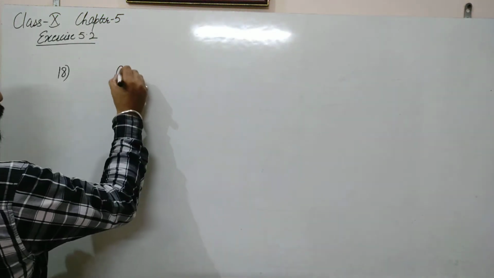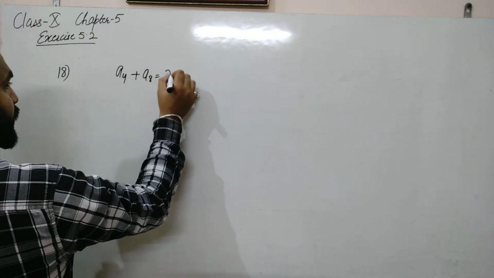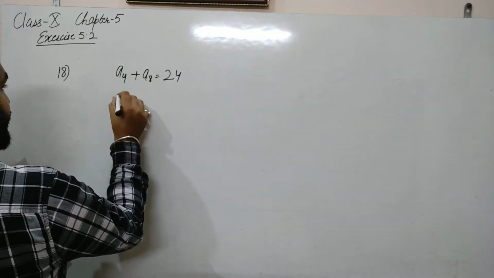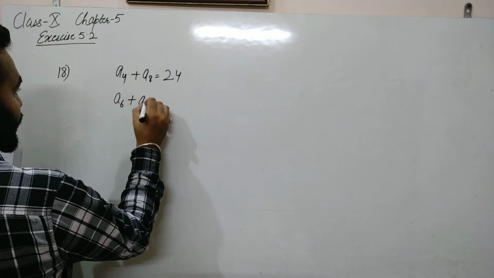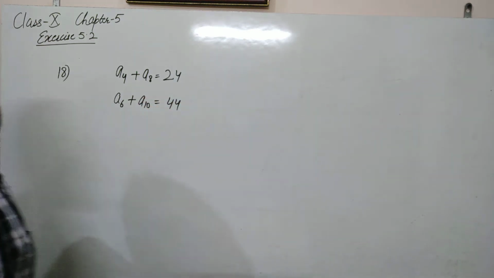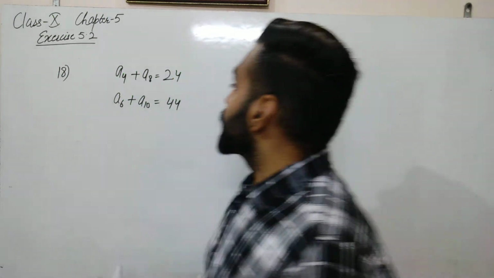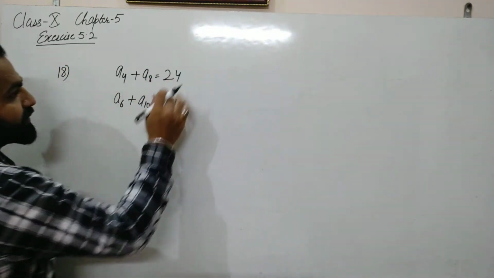18th question now. Sum of 4th and 8th term of the AP is 24, and similarly 6th term plus 10th term is equal to 44. So we have to tell the first 3 terms of the AP. So put the values of A4 plus A8 here.